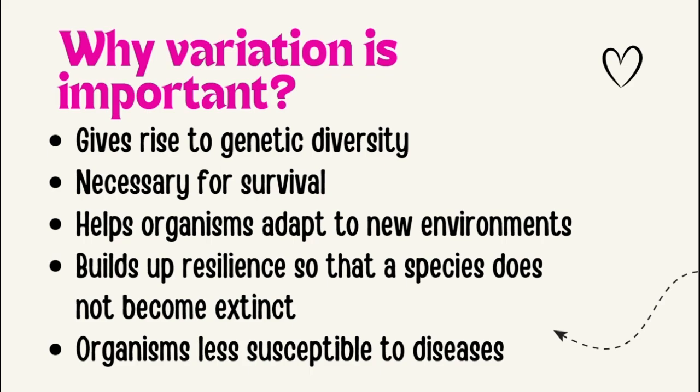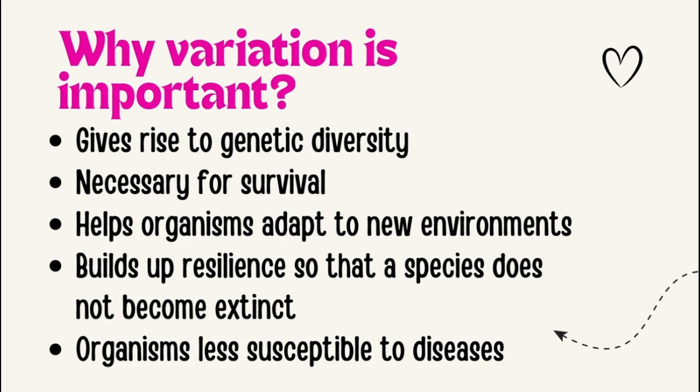Variation is extremely important because it leads to genetic diversity. It's necessary for the survival of any living organism, and it helps organisms adapt to new environments. It builds up resilience so that a species does not become extinct, and it also makes organisms less susceptible to diseases.